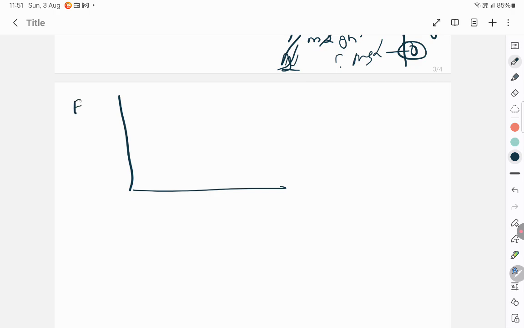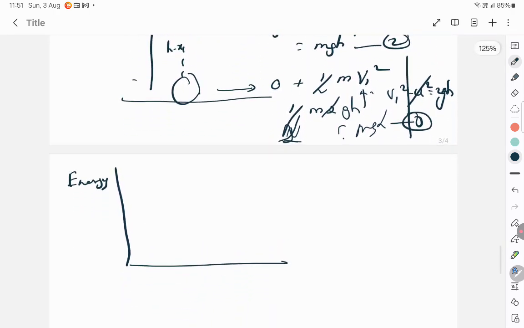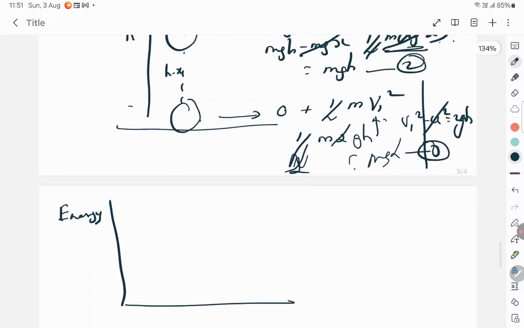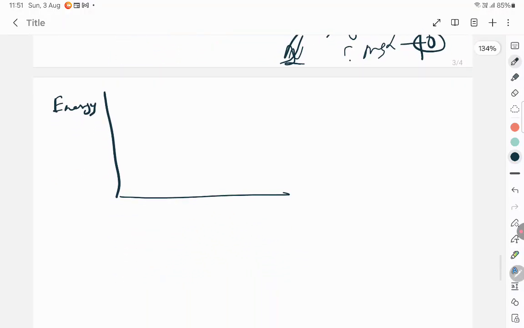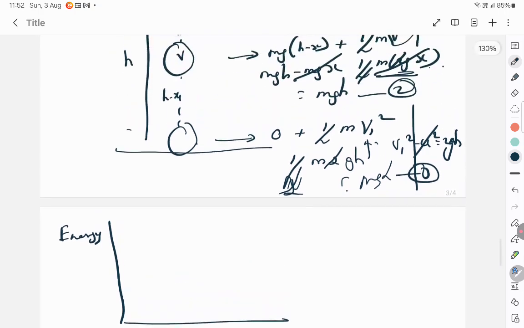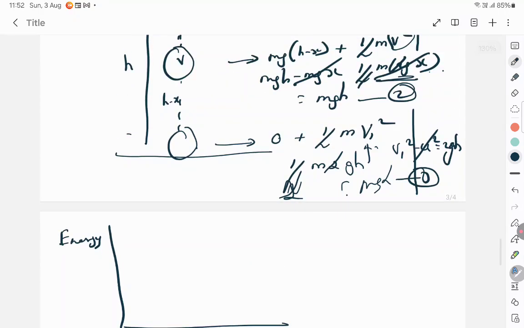The energy versus position graph: you can see that when a body is moving, the total is always a constant. Either potential energy or kinetic energy, the sum is always a constant.